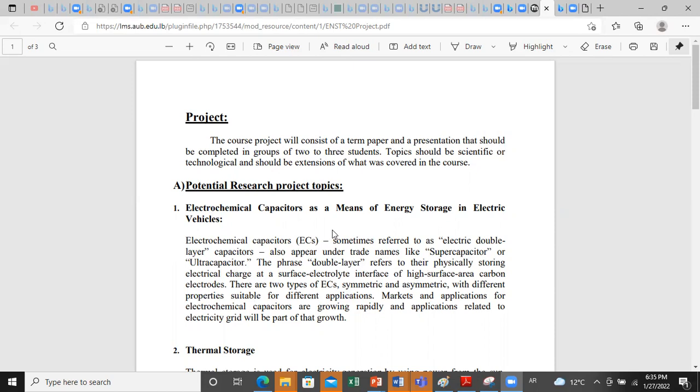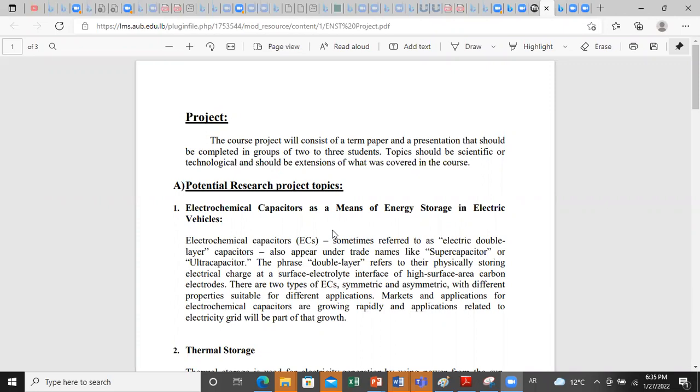So I encourage you in any of the topics to do first a literature review. In the literature review, you will read several papers related to the topic. And when you do these readings, you will come up with a certain conclusion about a certain gap. We call it the literature gap. So always you have some aspects that were not studied completely or that are under continuous research.